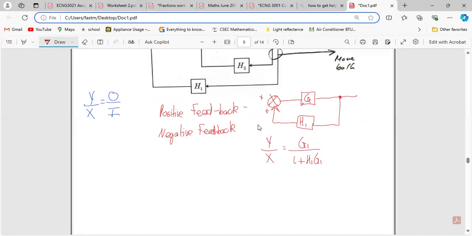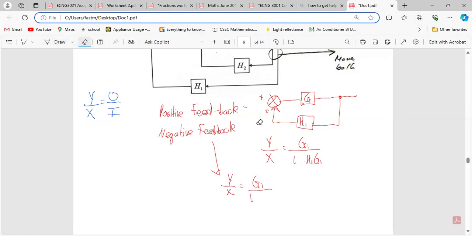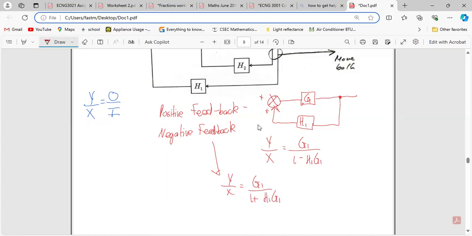And the negative feedback is just the negative of this one, so it'll be the opposite. So the negative is positive here, and the positive is negative at the bottom in the denominator. That's probably the only thing I remember.